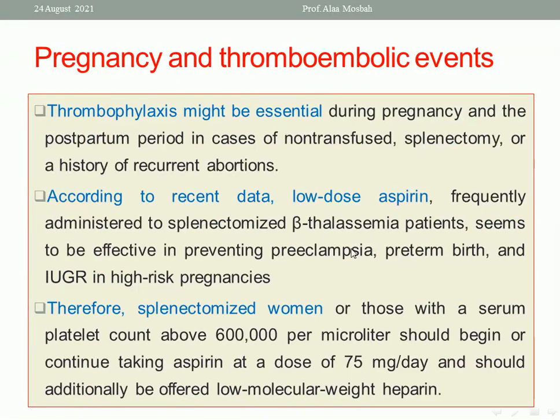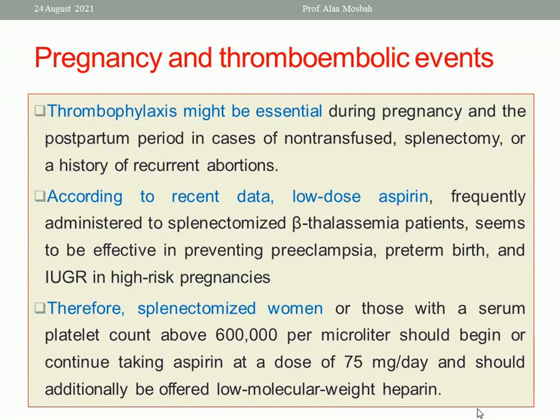Thromboprophylaxis is important in patients with thalassemia during pregnancy, in cases of non-transfused patients and patients with splenectomy or history of recurrent abortions.